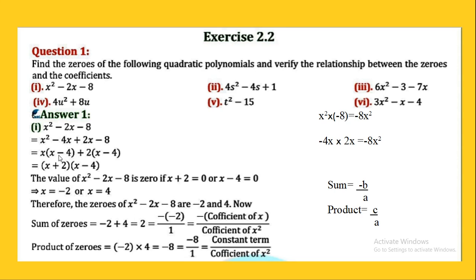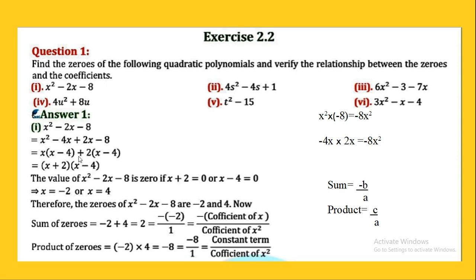Thus we get x minus 4 as the common factor. Now we can take this x minus 4 outside, and we get x minus 4 into the remaining x plus 2. Thus we get this polynomial as the product of its factors x plus 2 and x minus 4.